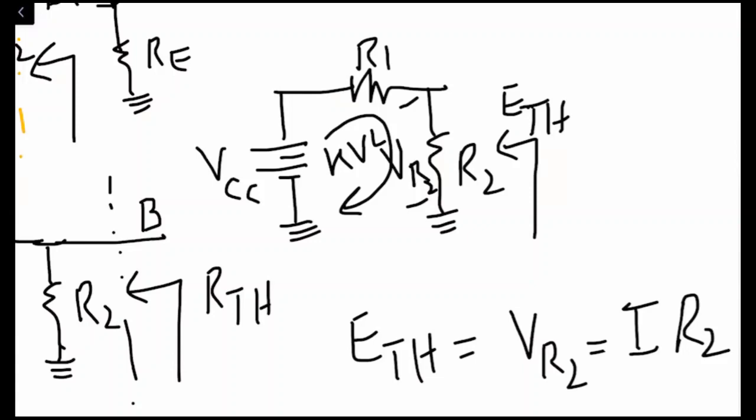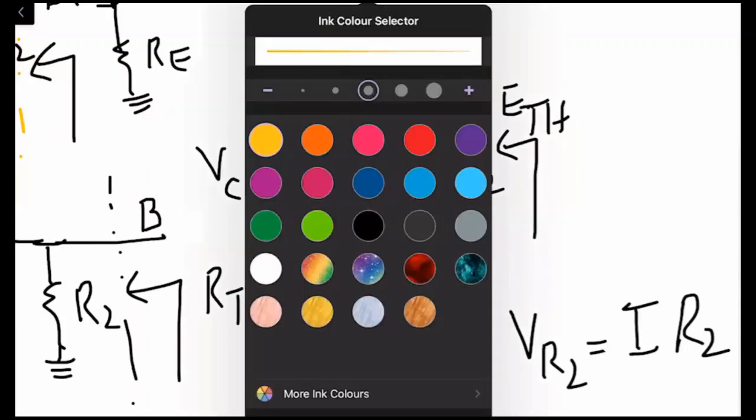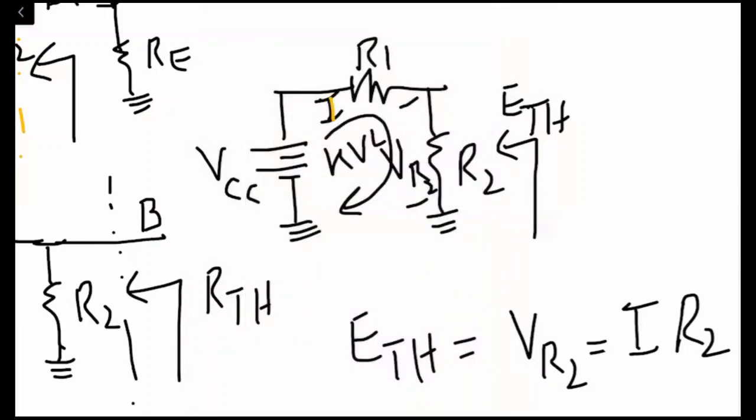Yes, sir. And the current flowing over here, we say it is I, right? If I say the current flowing over here is I, right?